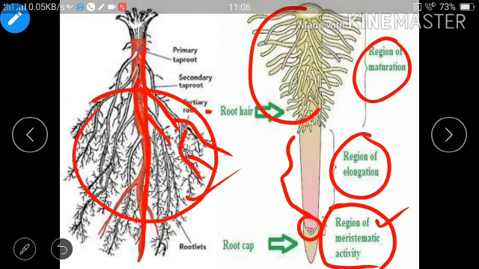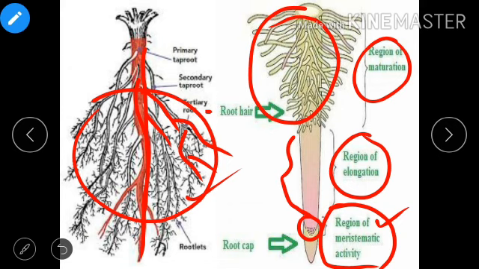This is what is called the region of maturation, and this region has a number of root hairs which extend into the soil as outgrowths of single epidermal cells. Now root hair. What is the function of root hair?